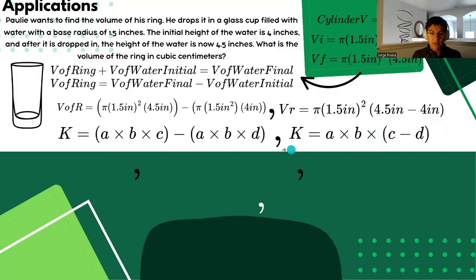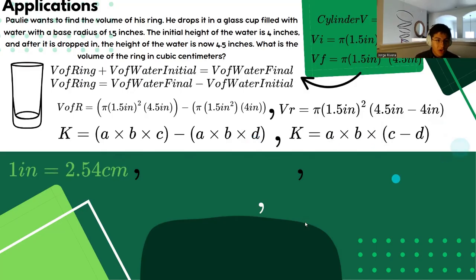Because if we have a times b on one side and a times b on the other side, we can just factor them out, and we can just have this equation go free in the commutative property.